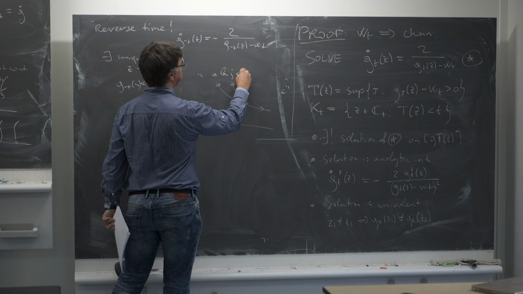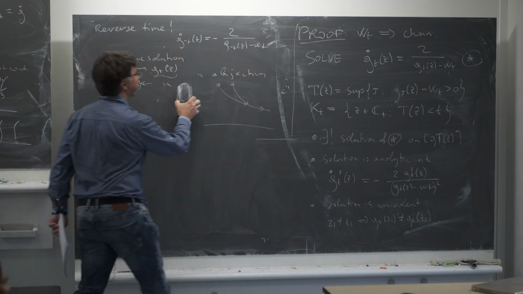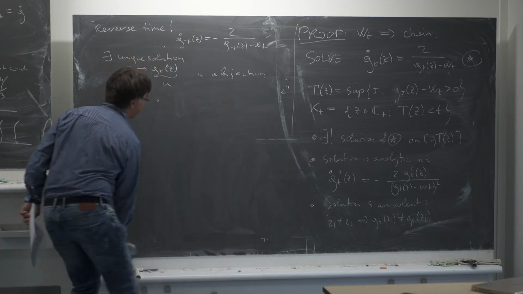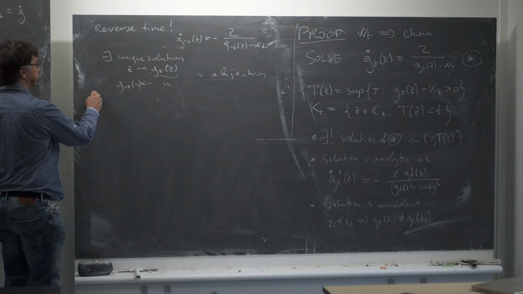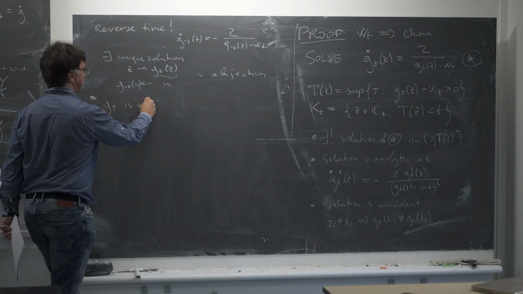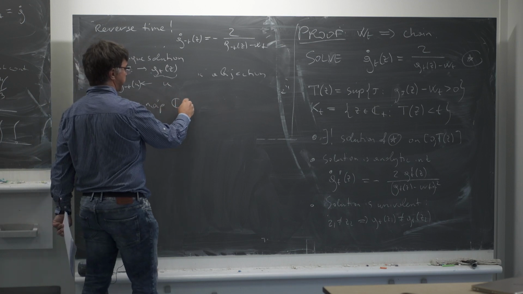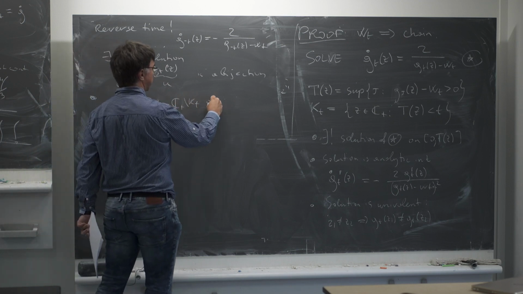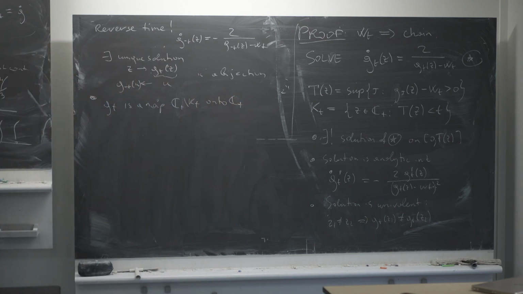Now g_t is a univalent map from C plus minus K_t onto C plus. Yeah, I was running too fast and I already proved that.